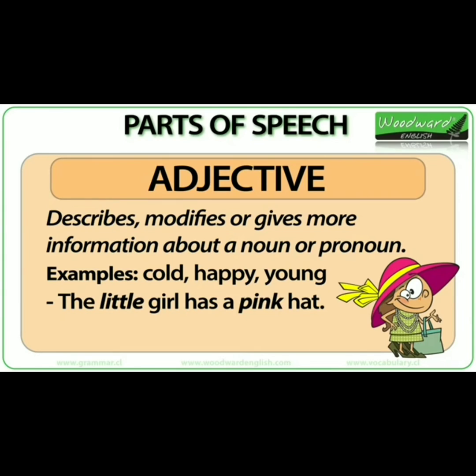Okay? That's why it is written as the little girl has a pink hat and not like the girl little and hat pink. If you write like this, it will be wrong. So remember, an adjective will always come before a noun. Okay?